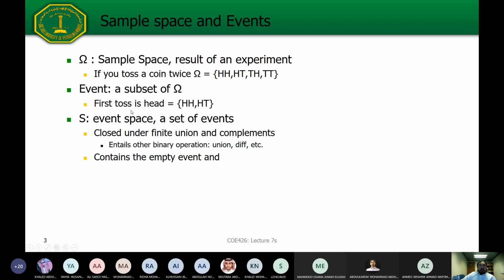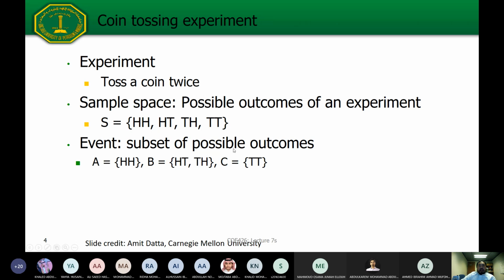Okay? So in other words, what is the event of head-head? So this is an event in the sample space. S is an event space, which is a set of all events that possibly come out of your experiments. Right? So again, I like to give you examples. In the experiment, we toss two coins.